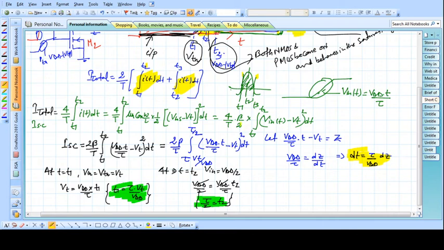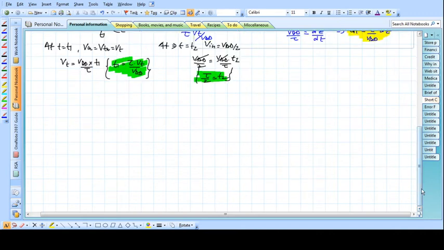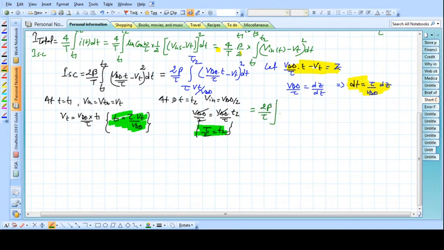So first we are just taking this one as z. After that we can write this as 2 beta by tau. Now we also have to change the limit.